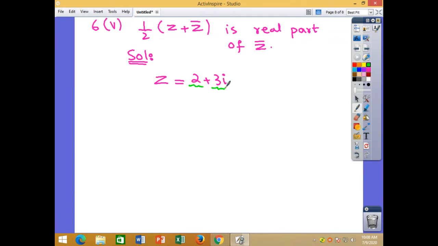When we solve 1 by 2 of z plus z conjugate, we get the answer 2, which is the real part of the complex number z. Now we solve for the complex number.